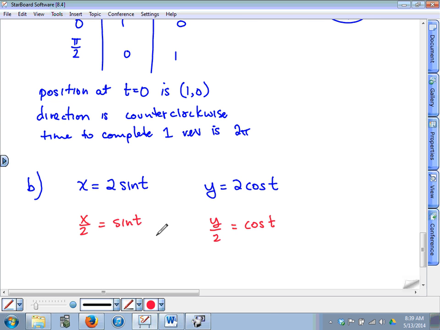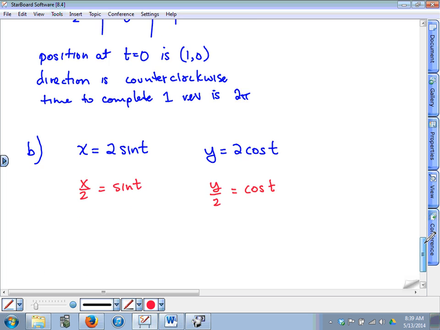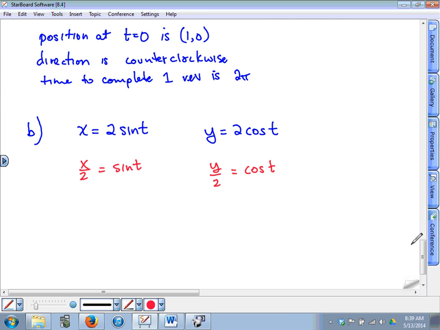Now, just like in the last part, we've got to square everything so we can have a cosine squared and a sine squared to use that identity. So this changes into x squared over 4 equals sine squared of t, and y squared over 4 equals cosine squared of t.